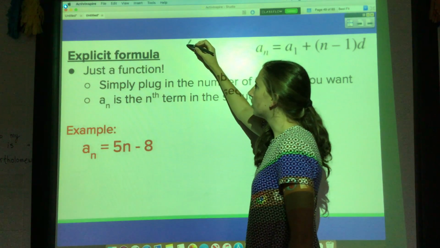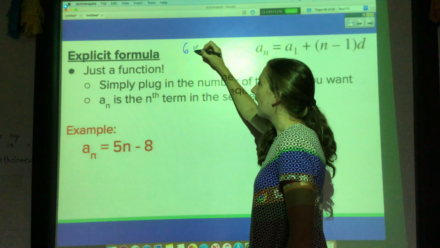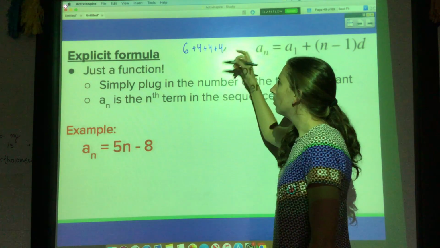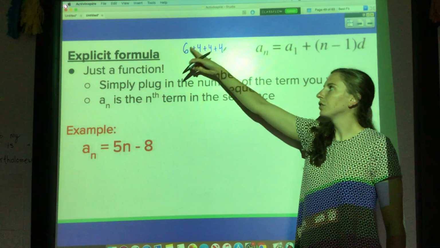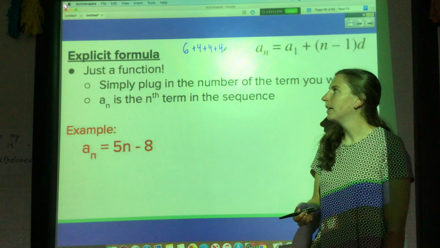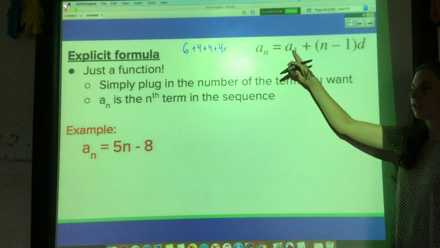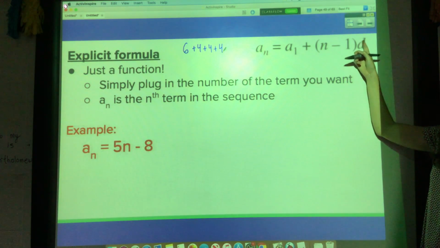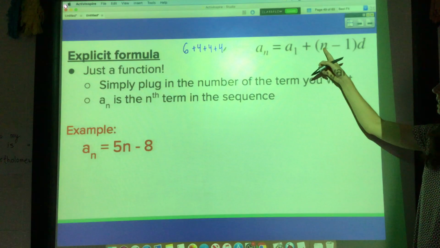The hexagon sequence, you started with 6, and then you added 4 each time, basically. But you only added 4 after the first term. And so you start with the first term, and then you add the common difference over and over, but you don't want that difference to be multiplied by n.